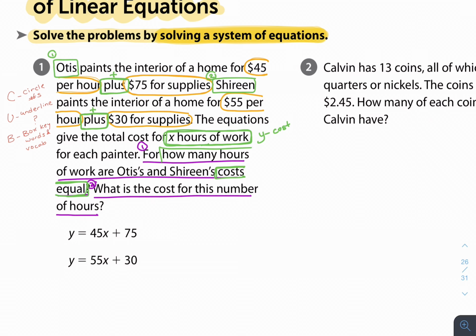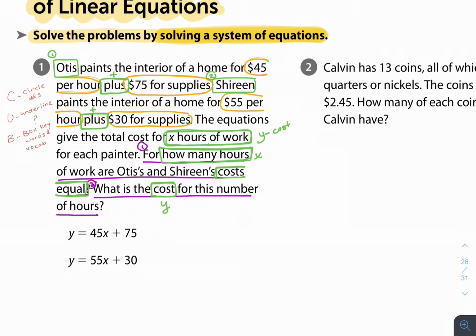How many hours? That means I'm going to be answering in hours for question number 1. And what is the cost for this number of hours? I know that how many hours is X. I know that the cost is Y from my previous annotations. And it looks like I am ready to write my equations.